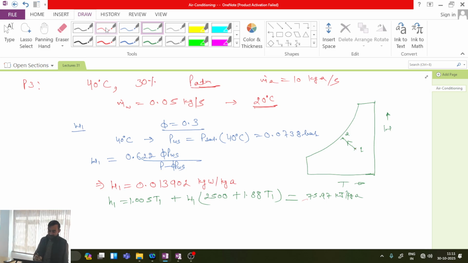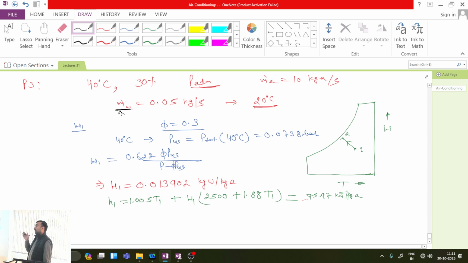After this, for this process, it is given to me that this is the rate at which water is added. It is also given in the question that all the water we are adding in the liquid state is entirely evaporating. It means the entire water in the vapor state is getting mixed with the air. So, I can say that the mass of water vapor at outlet in the air will be m dot A into W2.